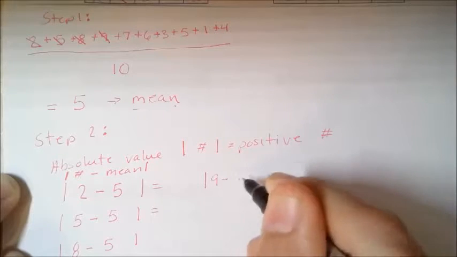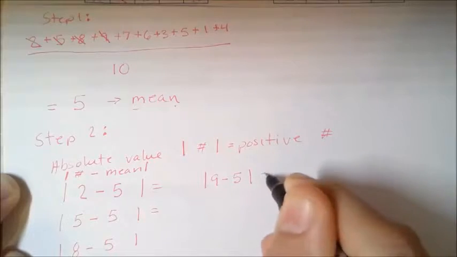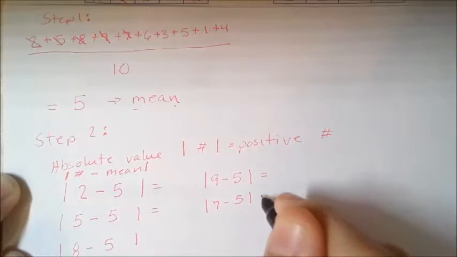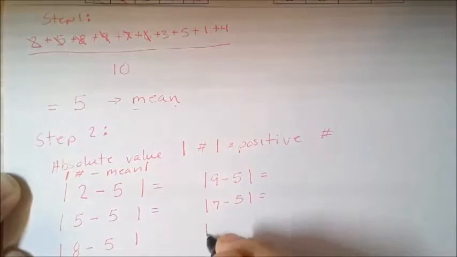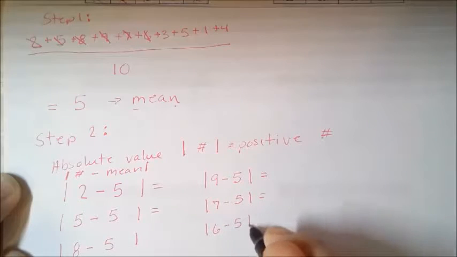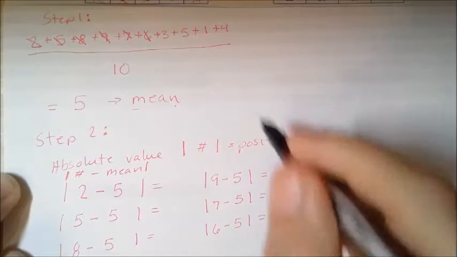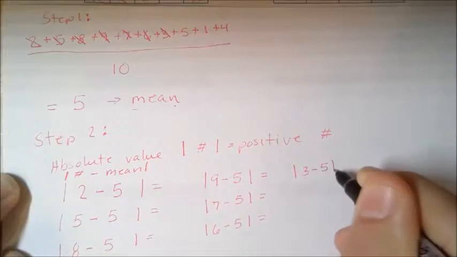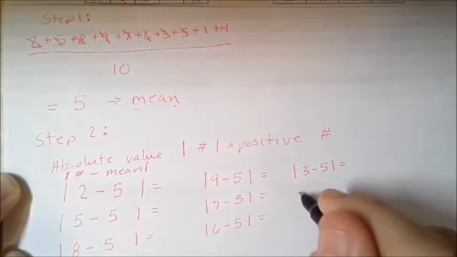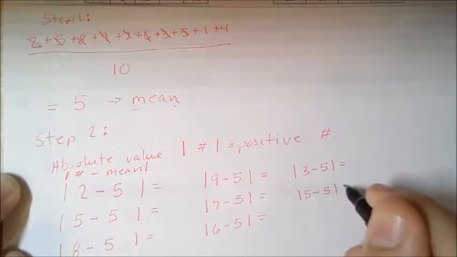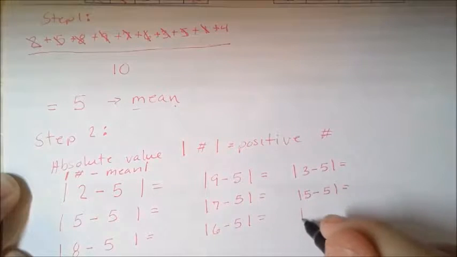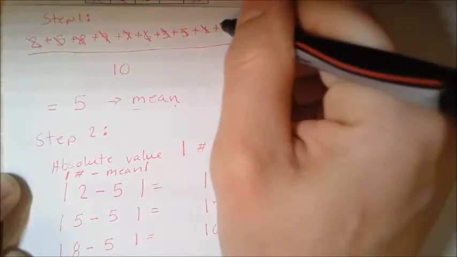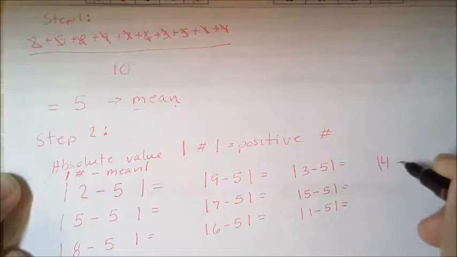So I'm going to do 9 minus the mean of 5, and I'll do 7 minus the mean, and 6 minus the mean, and we'll do 3 minus the mean, and 5 minus the mean, and 1 minus the mean, and our last number is 4 minus the mean.